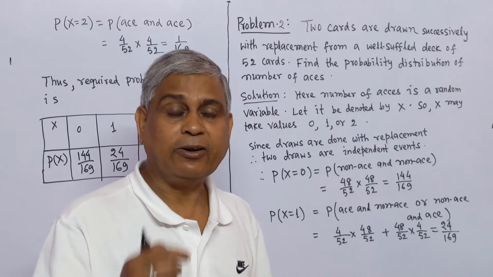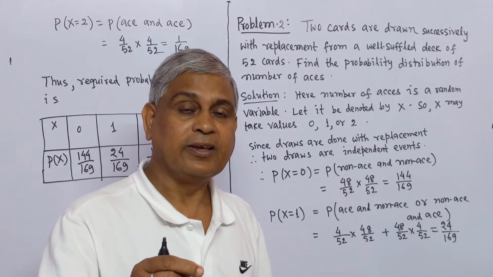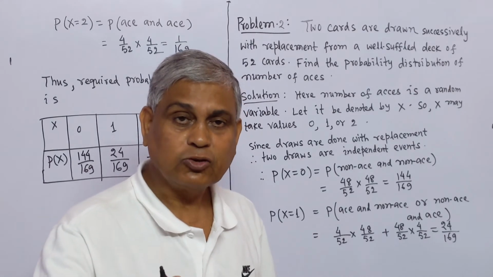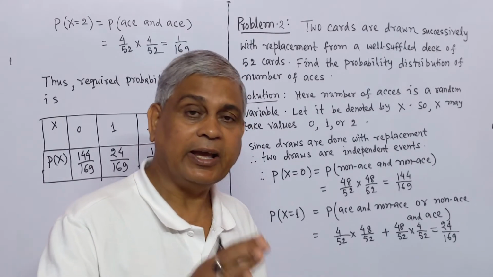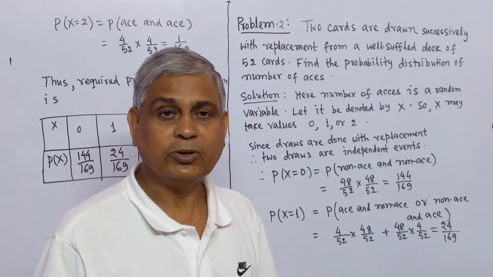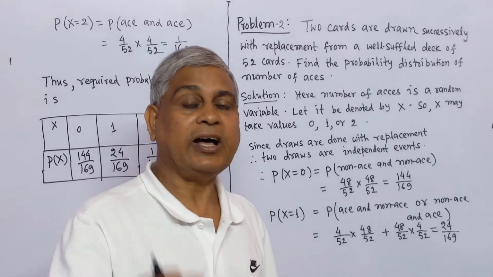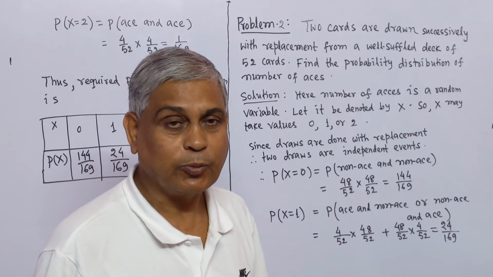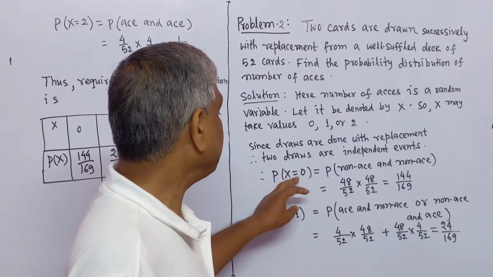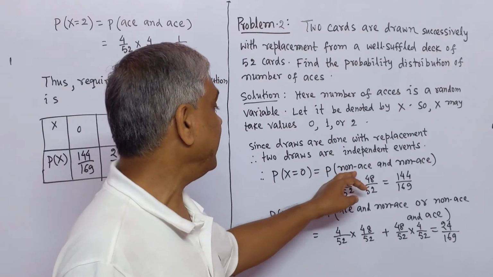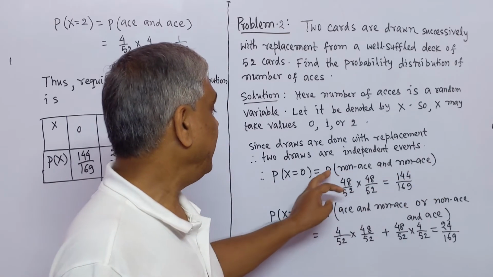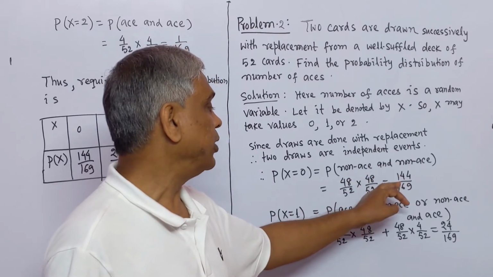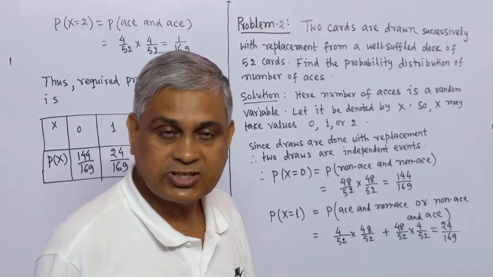In the second draw, if we get non-S, the number of non-S's is 48, so the probability will be 48 by 52. Since the two draws are independent events, we multiply these probabilities. So probability x equal to 0 equals probability of none S and none S, and this is 48 by 52 multiplied by 48 by 52, equal to 144 by 169.